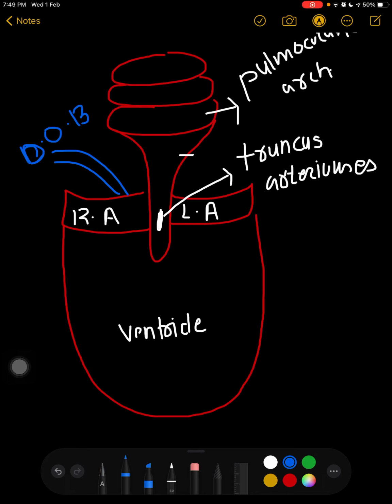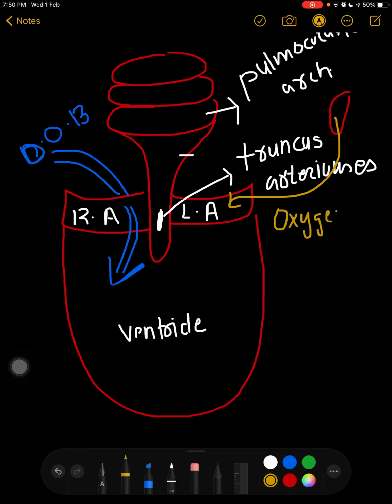So from right atrium this blood will move to ventricle, right, and from lungs, here we have lungs, the oxygenated blood comes to this left atrium, and from left atrium to this ventricle.